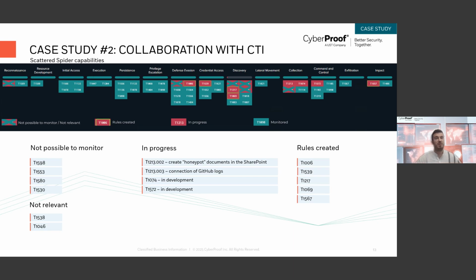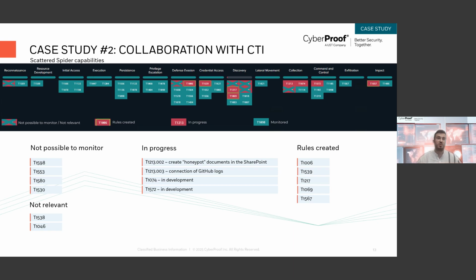Also, 003 is related to GitHub capabilities. We figured out that this log source was not yet connected to the SIEM, so we suggested that our customer connect this log source. They are now working on it. Once it is connected, we will implement the whole set.